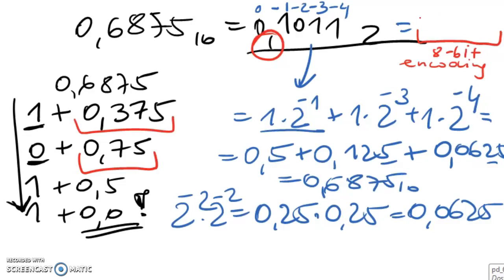So you must put 0, 0, 0, 0, then there is a comma, which is not present in the system. It is only an agreement. And then you put 1, 0, 1, 1. It is here, but it is not existent. If the comma is after the 3rd bit, you would have something like this.